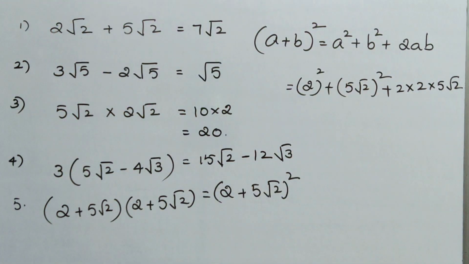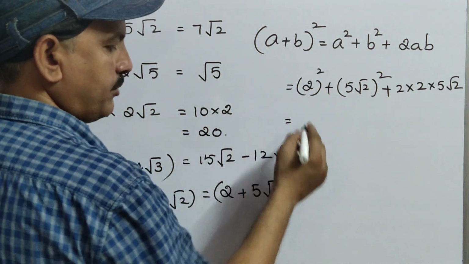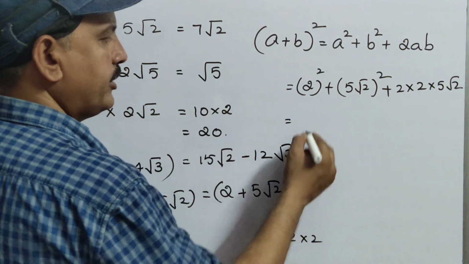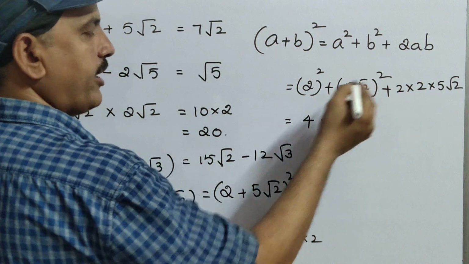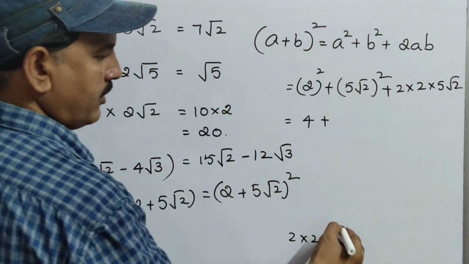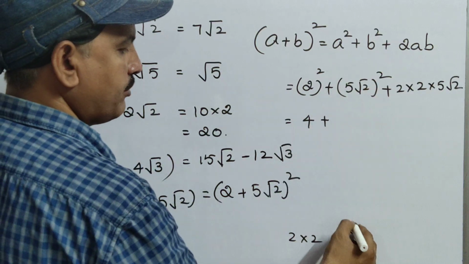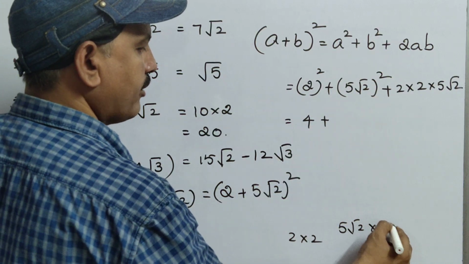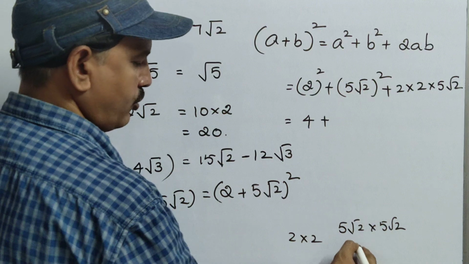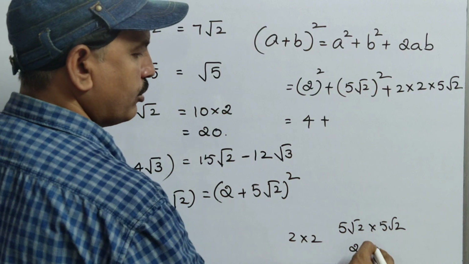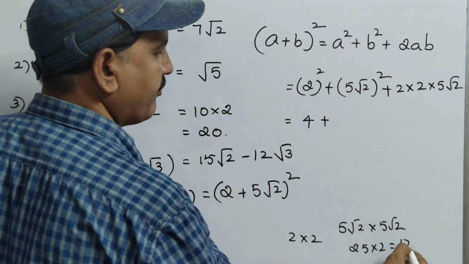Now 2 square means 2 into 2, 4. 5 root 2 whole square means, until you get in the habit, go for rough work, 5 root 2 into 5 root 2. 5 5s are 25, root 2 into root 2 is 2, 25 2s are 50.